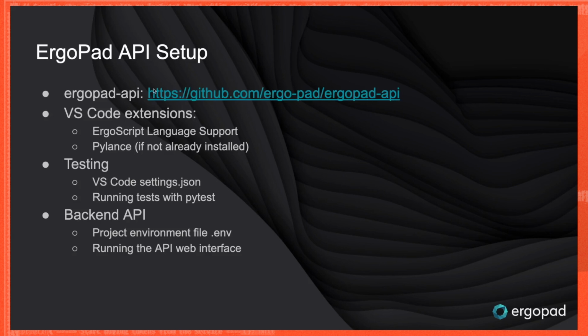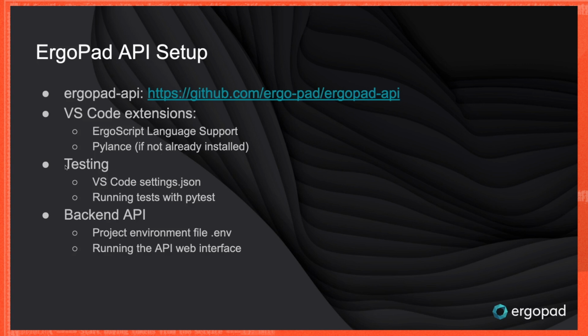What we're going to do in this section is show you the required VS Code extensions that we're going to need, mainly the Ergo script language support for syntax highlighting, and Pylance, which is a language server for Python, if it isn't already installed.